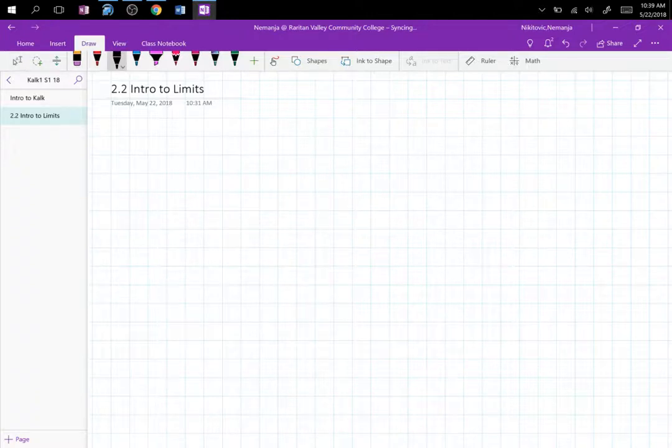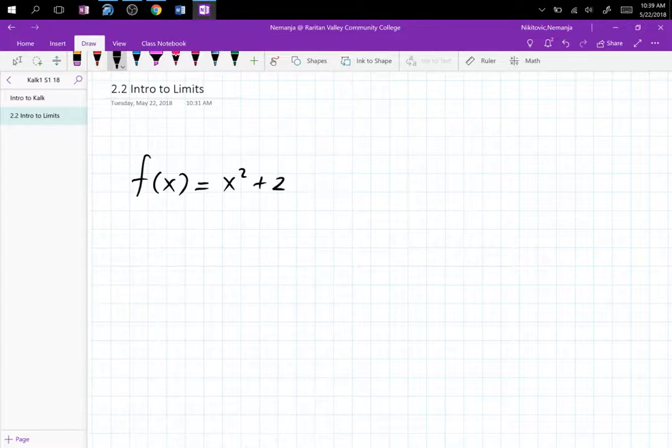So you are familiar with the function f of x, let's say x squared plus 2, right? X squared plus 2 has a domain and range. Domain is the set of all input values that you can plug into x, and range is the set of all output values, in this case, all of the y's that you would get.